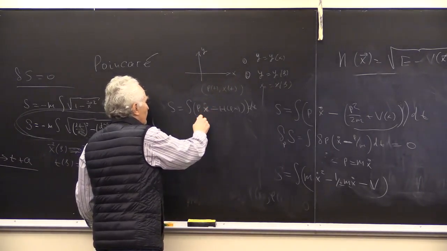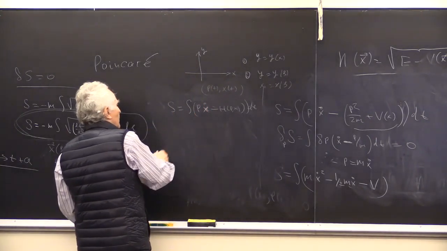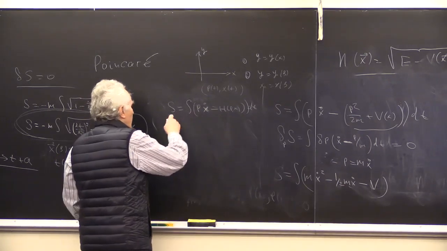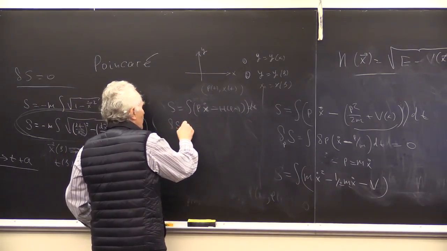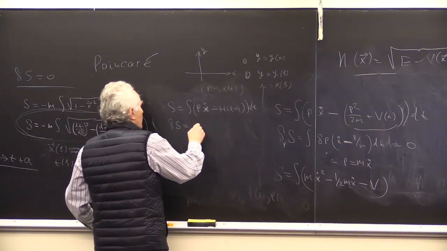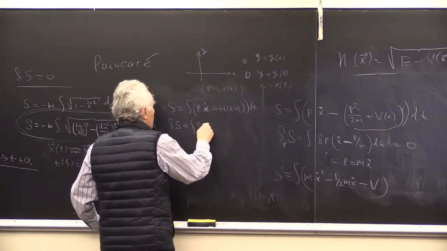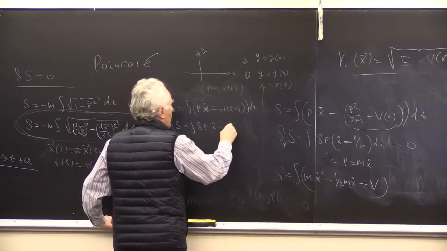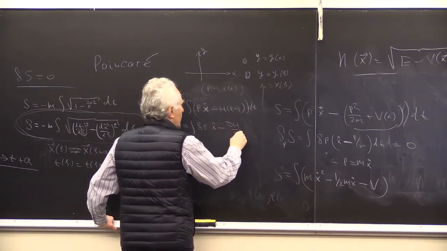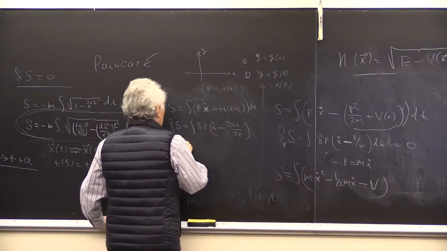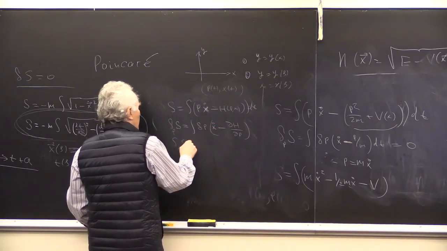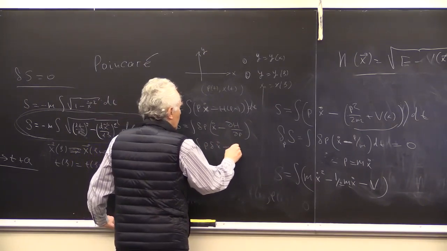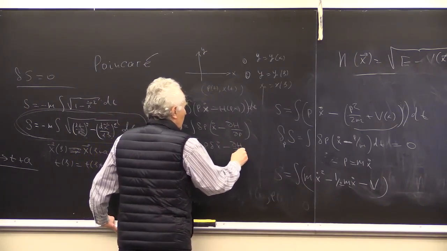Because we have this functional, let me first do the trivial part. Let's vary p. We get delta p times x dot minus dh dp. And vary x, we have p delta x dot minus dh dx.